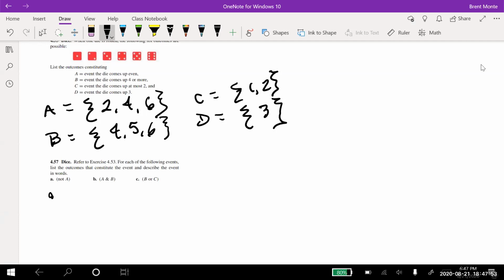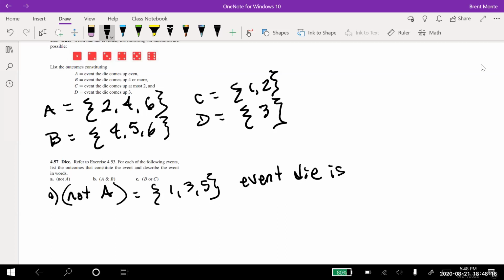If it's not A, that means it has to be anything that's not 2, 4, or 6. So that means it has to be 1, 3, or 5. And to write that in words, we could say the event the die is not even. And of course, if you wanted to, you could say the event the die is odd.